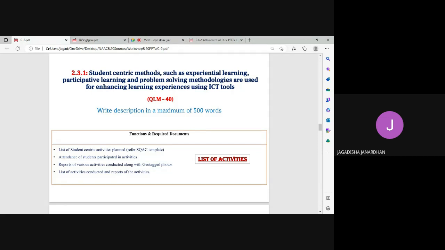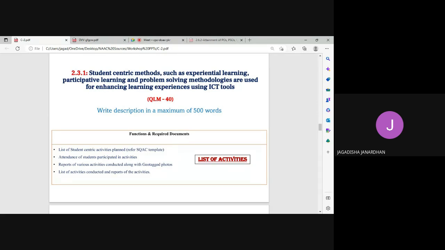Experiential learning means taking students outside the campus and making them learn about the curriculum, which is in the syllabus. So industrial visits or field visits, if they are in the syllabus, will appear in criterion 1, as I mentioned yesterday.